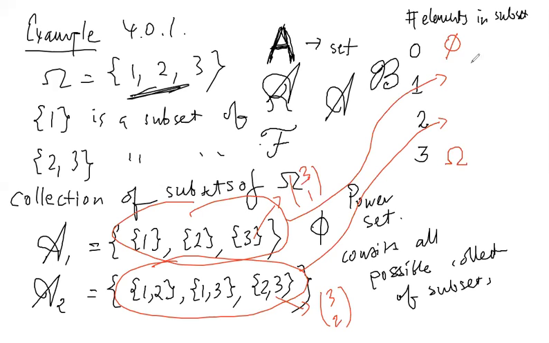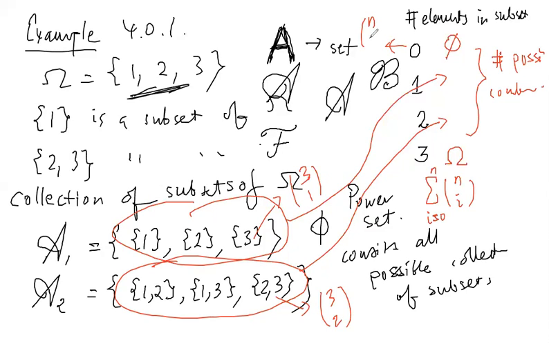So the total number of possible combinations is equal to the sum of n choose i from i equals 0 to n. The number of elements here is n choose 0, this is n choose 1, and your n is 3, so 3 choose 2, and this is 3 choose 3.